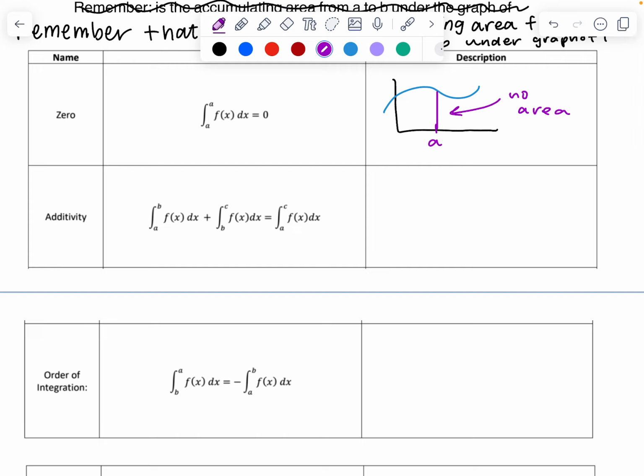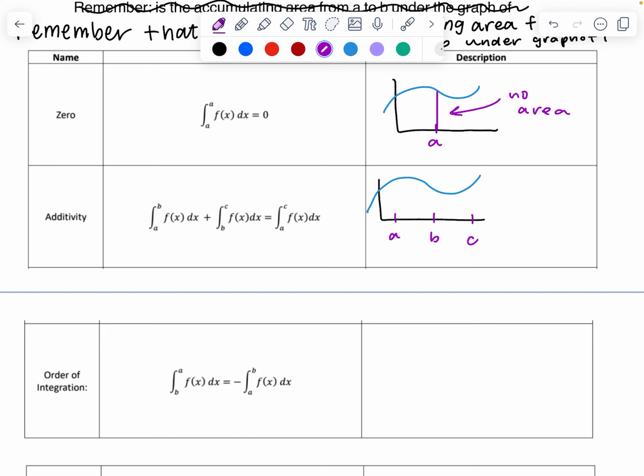The next rule is additivity, and that essentially says that the integral of f of x from a to b plus the integral of f of x from b to c equals the integral of f of x from a to c. Again, this one makes sense. I'm going to draw a picture of it. So here is our little curve, and we have an a, a b, and a c.